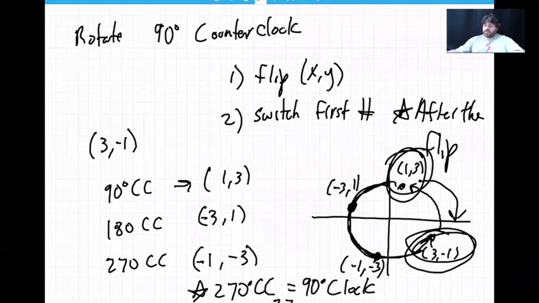Also, 270 degrees clockwise is the same thing as 90 degrees counterclockwise. So again, I would just do 90. Now, 180 is the same either way. It's the same amount of work, so it doesn't matter. You can pick your favorite there.